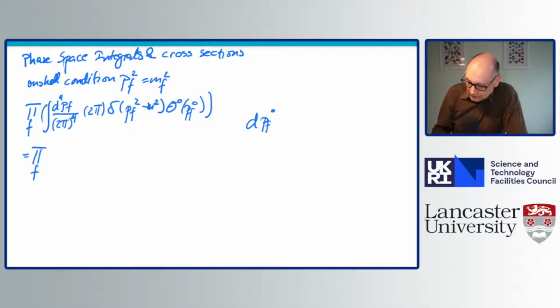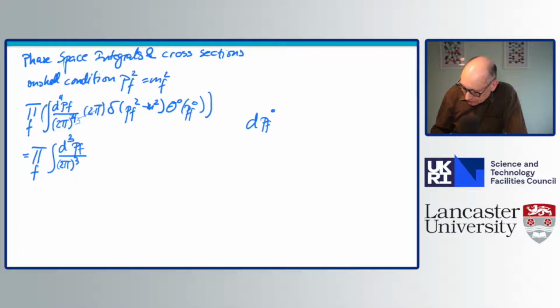The delta function exactly allows us to perform one of the integrations, and we choose that to be the energy integration here. So that each of these integrals instead becomes a three-dimensional integral over the px, py, pz. Now what's left, you see here, is that of the 2 pi to the 4, one of the 2 pi factors is cancelled with that 2 pi, so we get a 2 pi to the power 3.